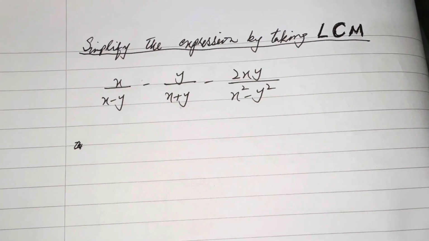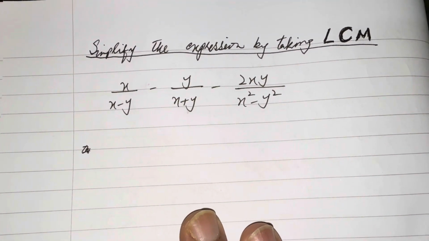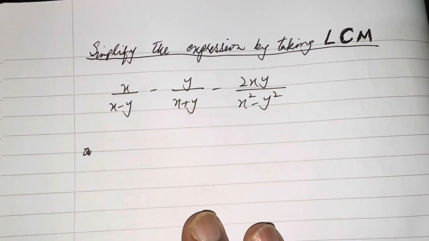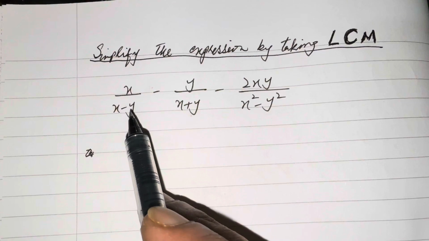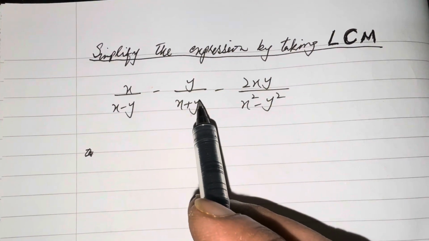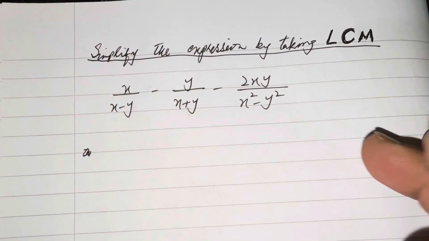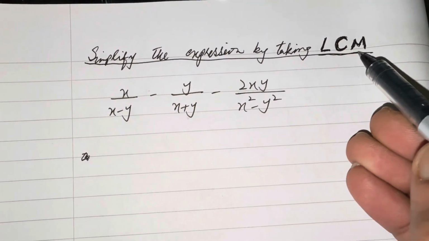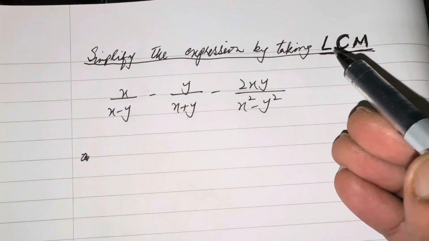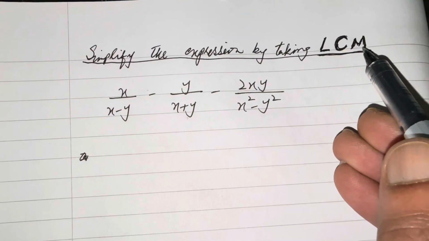उम्मीद है सब खैरियत से होंगे। तो आज की इस वीडियो में हम are going to simplify the given expression by taking the LCM. As you have already studied about the LCM in your previous classes, LCM means least common multiple.